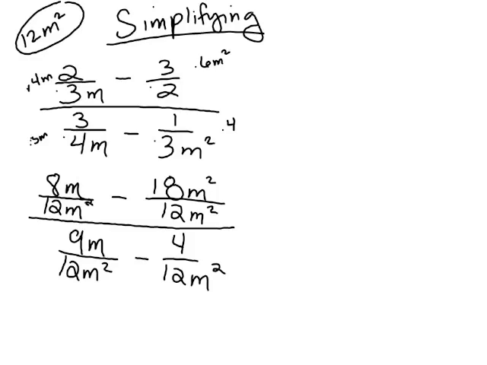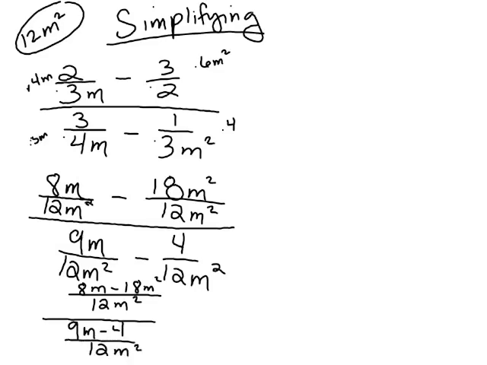So let's combine. So I will have on the top 8m minus 18m squared over 12m squared. And then down on the bottom, I'll have 9m minus 4 over 12m squared.